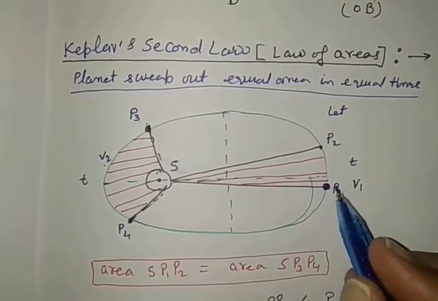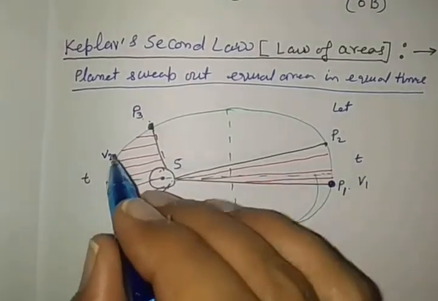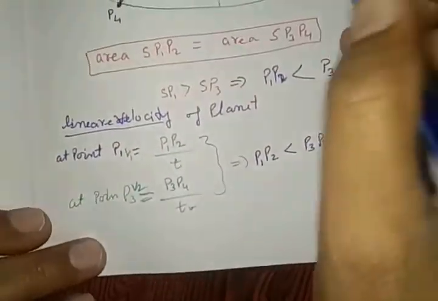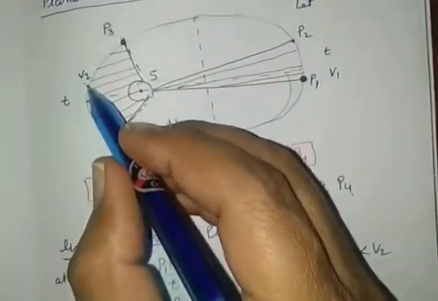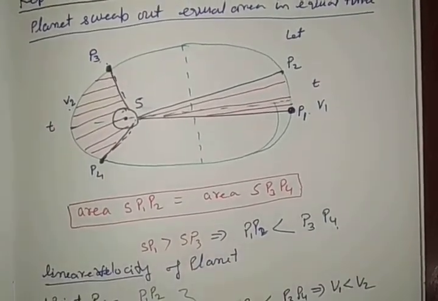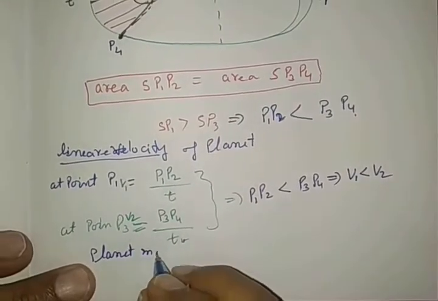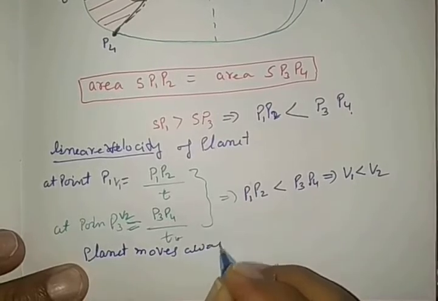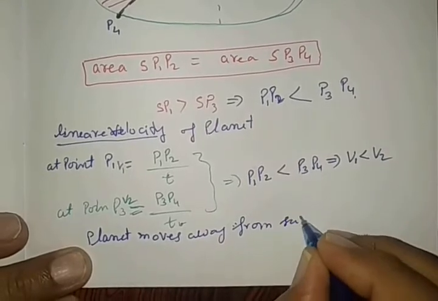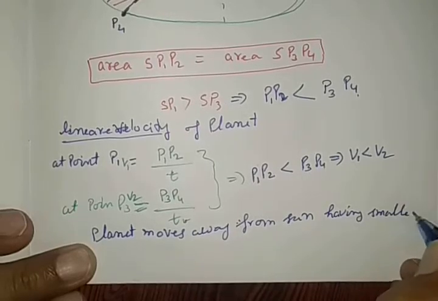So when the planet is away from the sun, it moves slower than when it is near to the sun. So where is the maximum speed of a planet? When it is near to the sun. So a planet moves away from the sun having a smaller velocity.